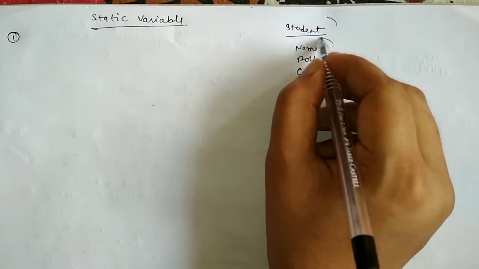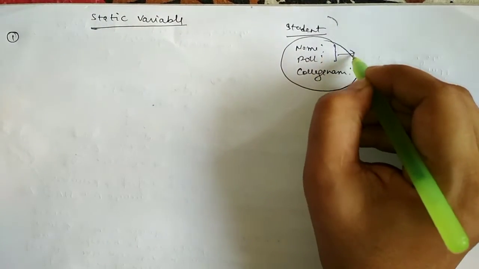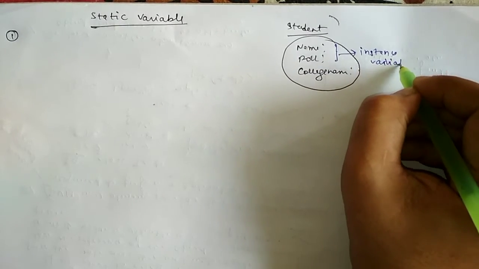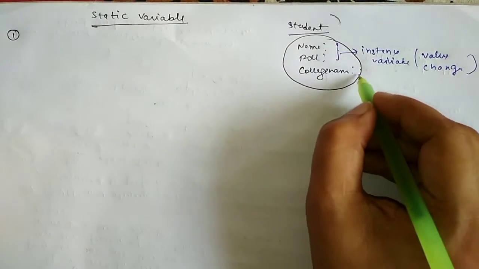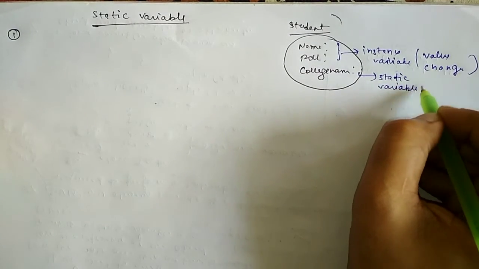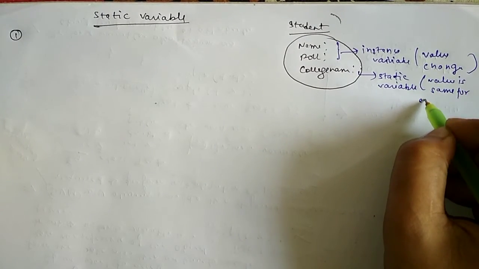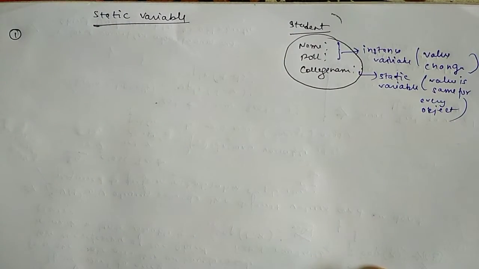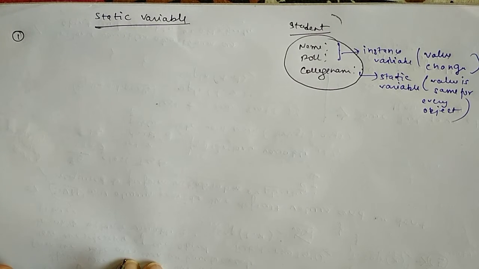In that object, these two are instance variables as their value changes, and the college name acts as a static variable, as the value is the same for every object. So if the value does not change for every object, we can make that variable a static variable.